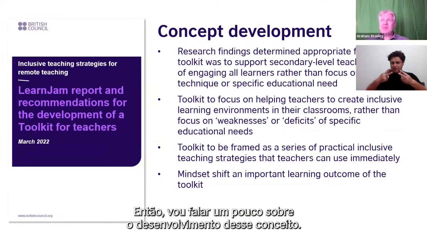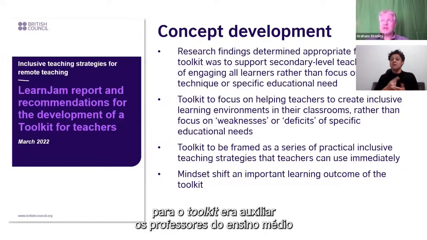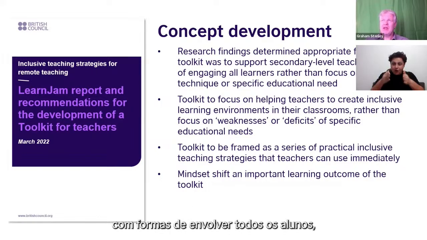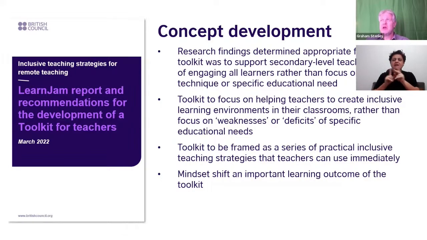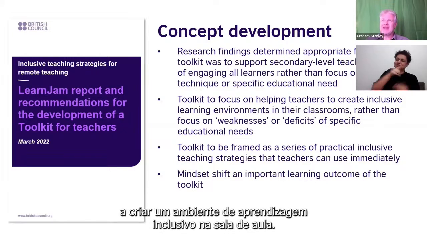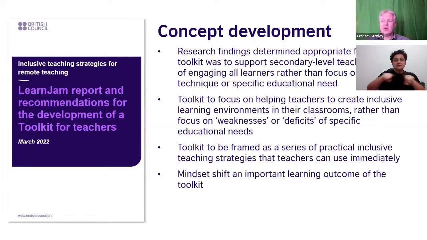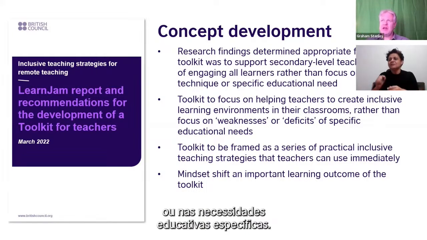So the concept development, let me talk a little bit about that now. The research findings determined the appropriate focus for the toolkit was to support secondary level teachers in ways of engaging all learners rather than focus on a specific technique or a specific educational need. So we commissioned this toolkit to focus on helping teachers create an inclusive learning environment in their classroom, rather than focus on weaknesses or deficits or specific educational needs.